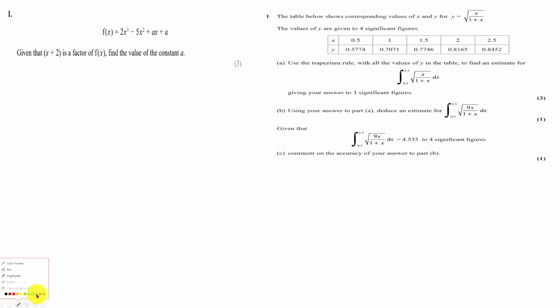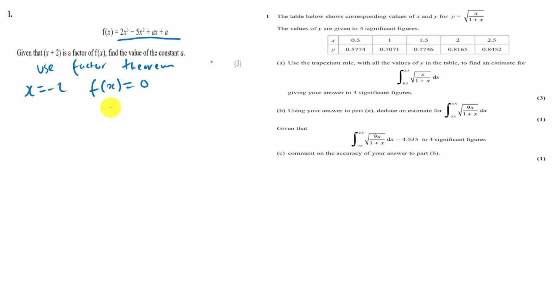Now another lovely question 1, which has to be a banker. We have f of x equals 2x cubed minus 5x squared plus ax plus a. So we've got to use the factor theorem. And that means when x equals minus 2, f of x equals 0.